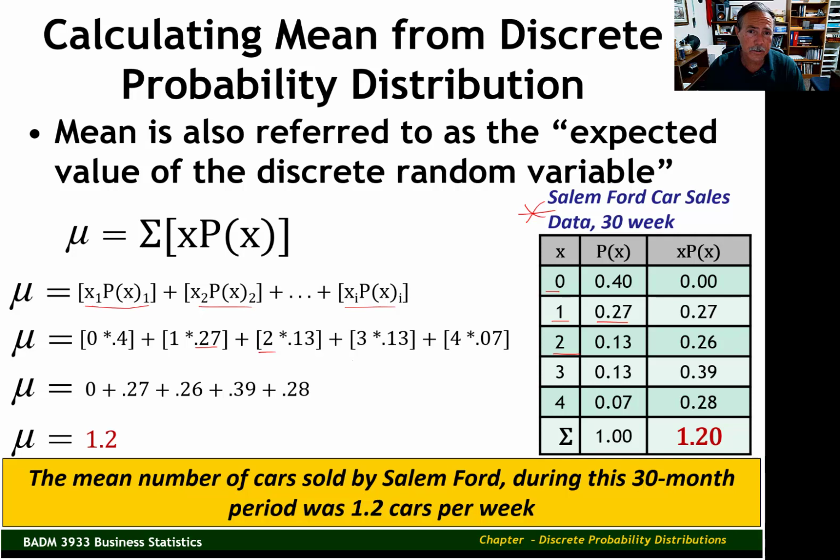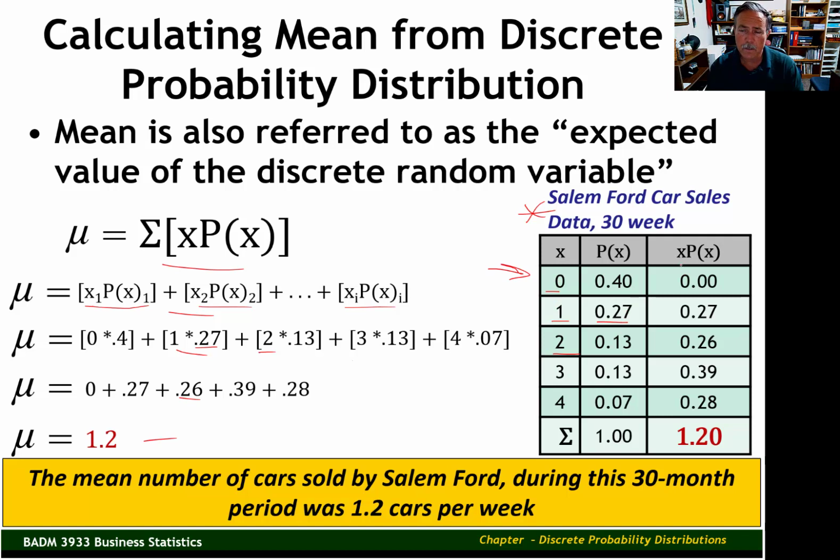And I said there were going to be 2 methods I would show you for finding the mean for these data. The other method, we have a formula here. You can lay everything out like this, like I've already shown you, or you can just use a summary table like we have over here on the right side of our slide. The summary table again shows the different values of x. It shows the different probabilities of x.